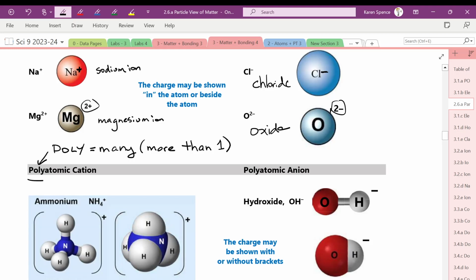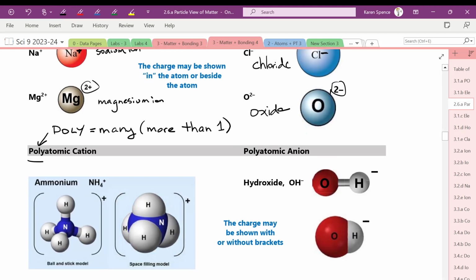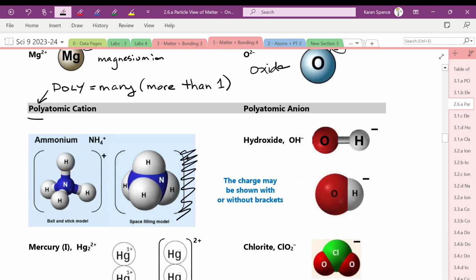What other particle do they kind of look like? Like if I was to get rid of this bit here, and you just looked at this, what would you think that it was? That's a molecule. Basically, polyatomic ions are little molecules, but they have a charge.